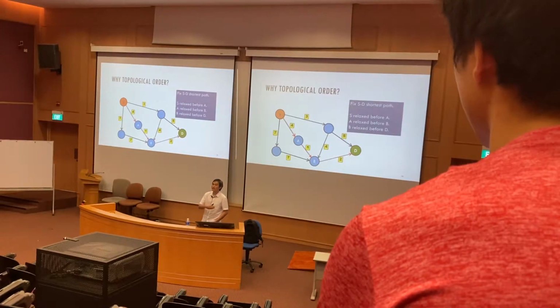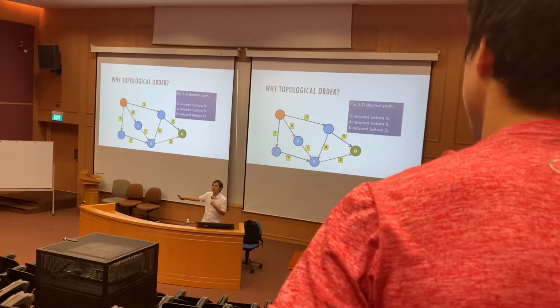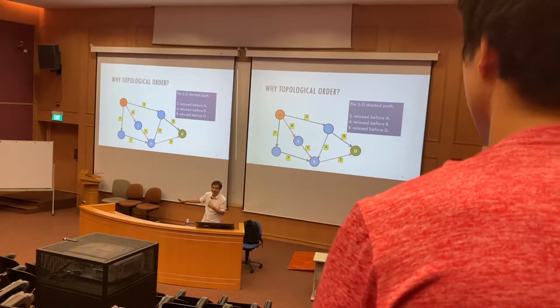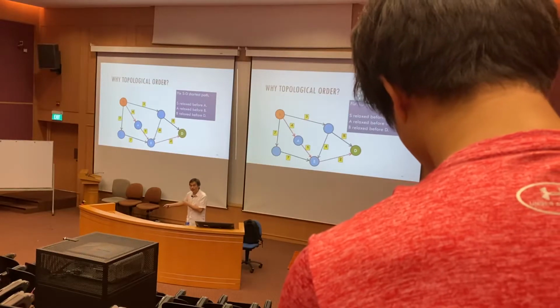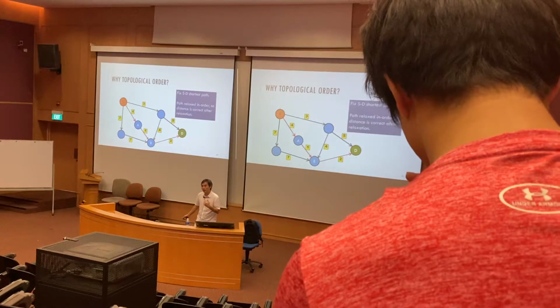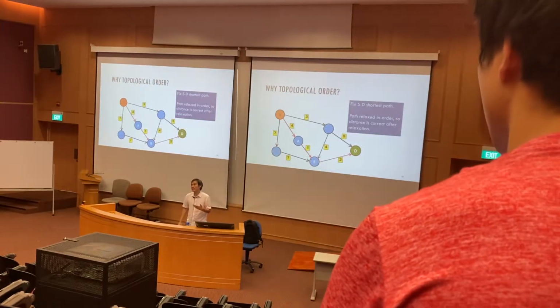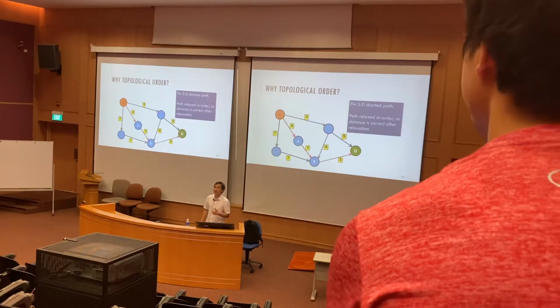This means that I will relax the edges in the correct order. And if I relax the edges in the correct order, I'm guaranteed that my distance estimate will be correct, and then I will get the shortest path. So the path edges are relaxed in order, so the distance is definitely correct after relaxation. That's why you can do things in topological order.